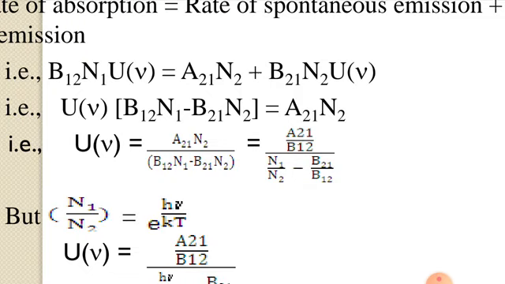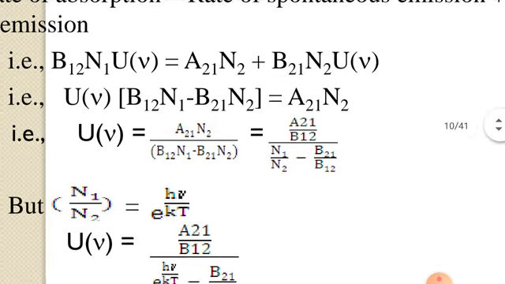You take that N2 outside, so N2 will get cancelled out in the numerator as well as in the denominator, so it can be written as A21, and also you bring out B12 outside. Finally, the expression can be written as A21 by B12 divided by N1 by N2 minus B21 divided by B12. But what is this N1 by N2?